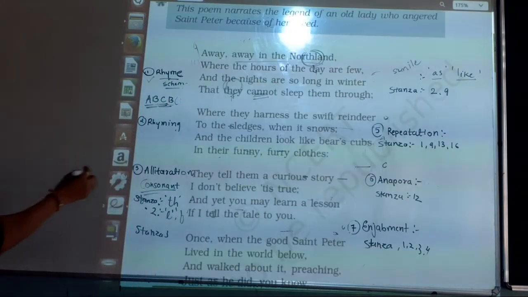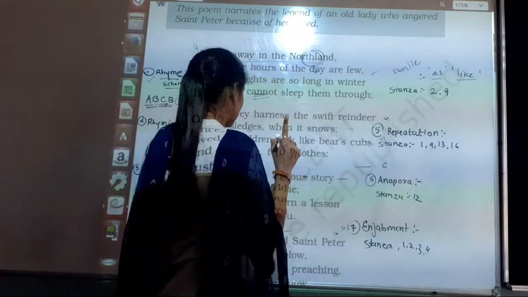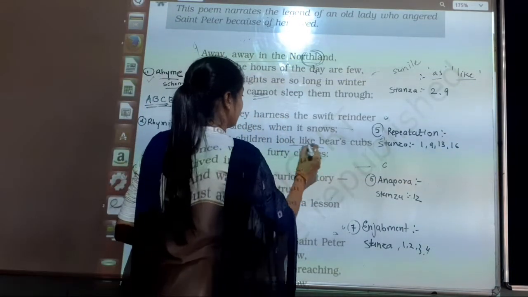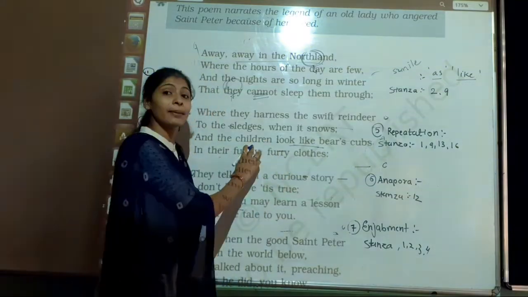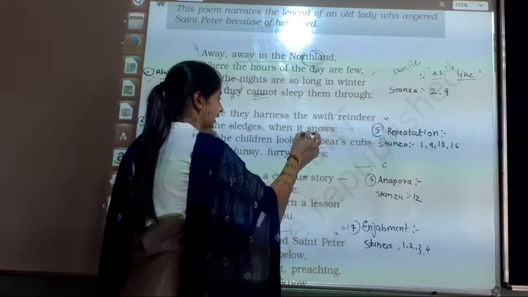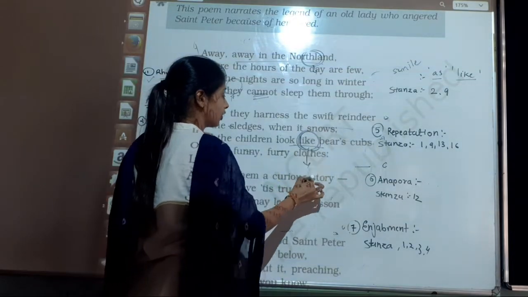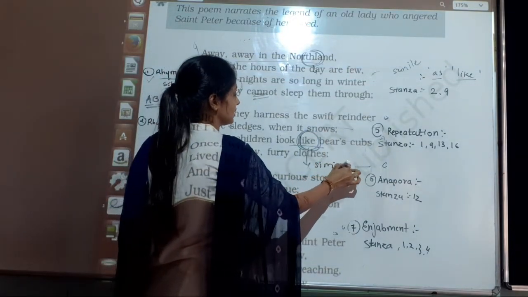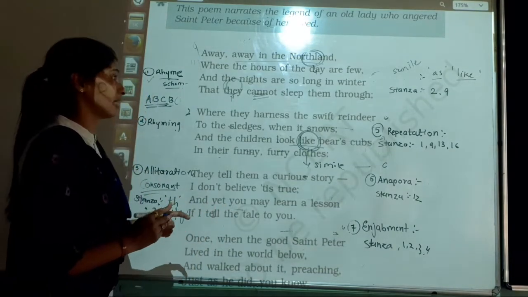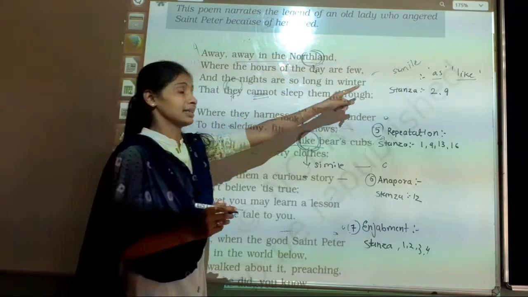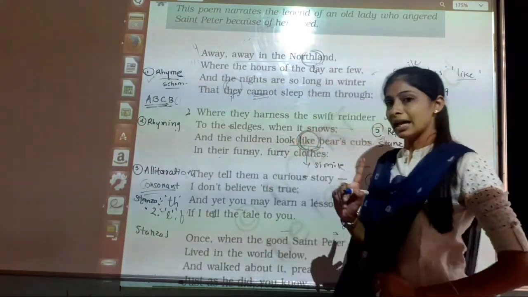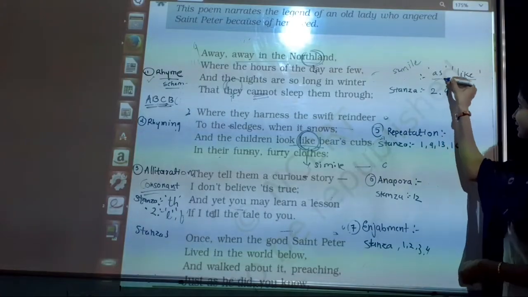Stanza number 2. So in stanza number 2 we are also getting this example. Which example? The children compared with the bird, that is the cups of the beer, and "look like", this "like" word is also an example of simile. So students, here we have written 2 examples of simile in stanza number 2 and stanza number 9 by using these 2 words, that is the "as".